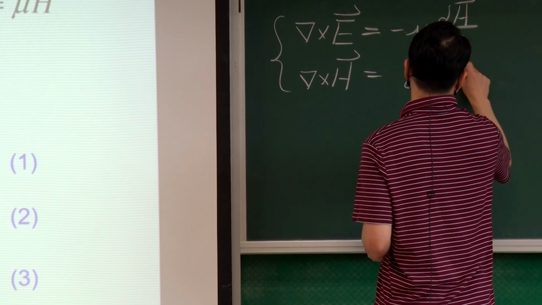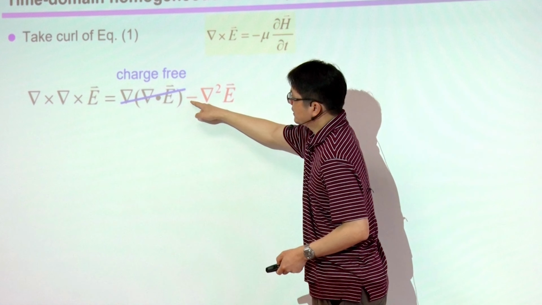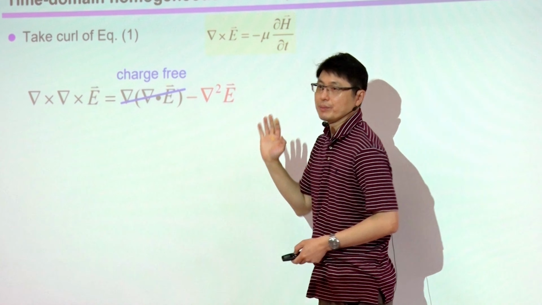Divergence of E is 0, right? So all the textbooks are trying to help you, right? So all the assumptions are really useful. Otherwise, your derivation becomes complicated, right? Left-hand side, you have this negative vector Laplacian remaining.